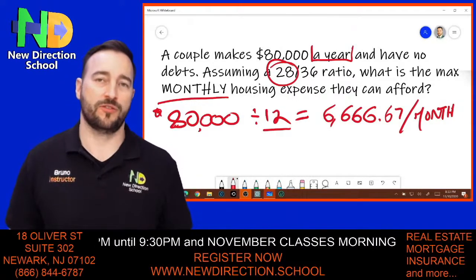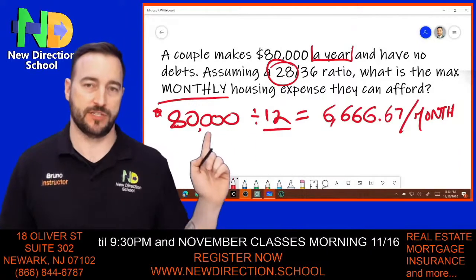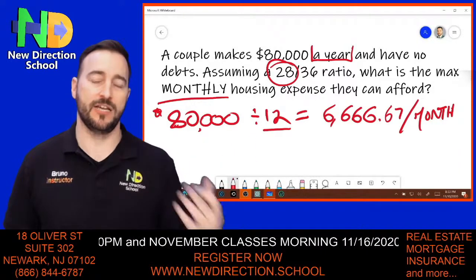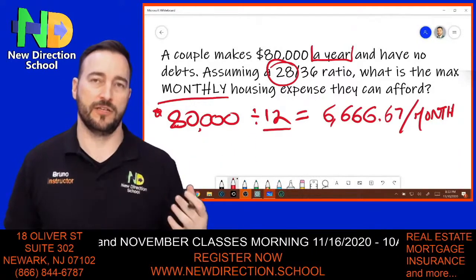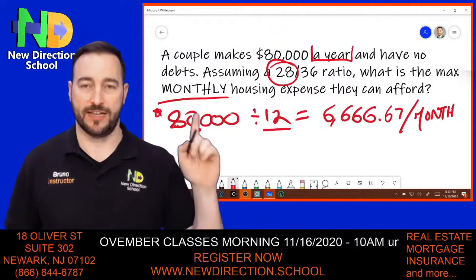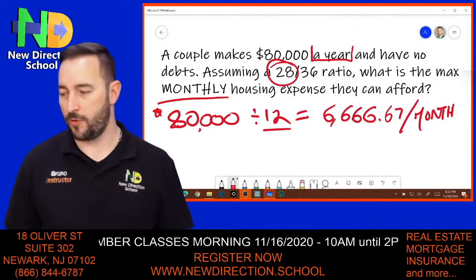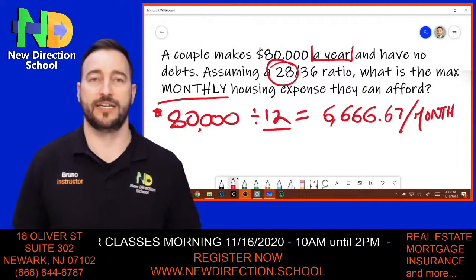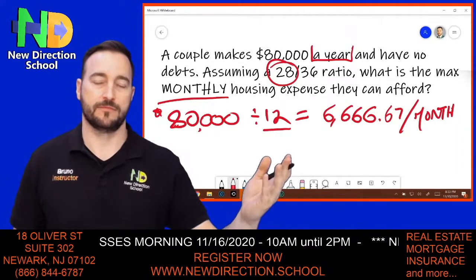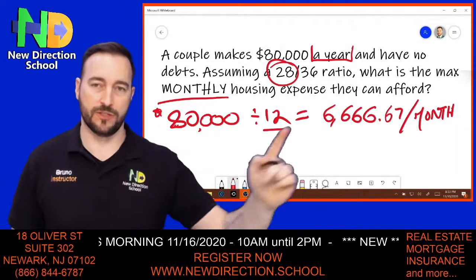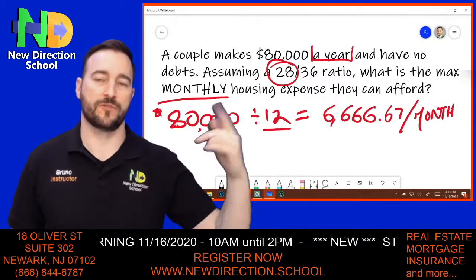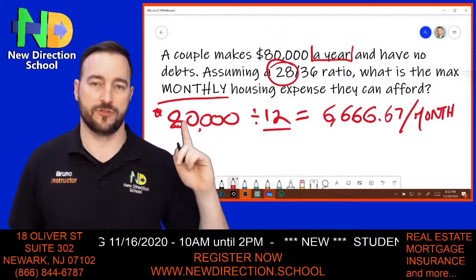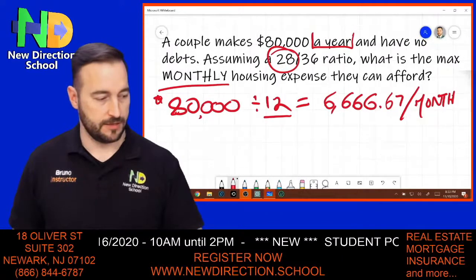So if you got 22,400, which is 28% of this, that's the yearly housing expense they're asking for monthly. So at one point, you guys need to get to the monthly. Okay, so divide by 12. Whether you do it here or you do it from the first amount, it's up to you. So here you go.